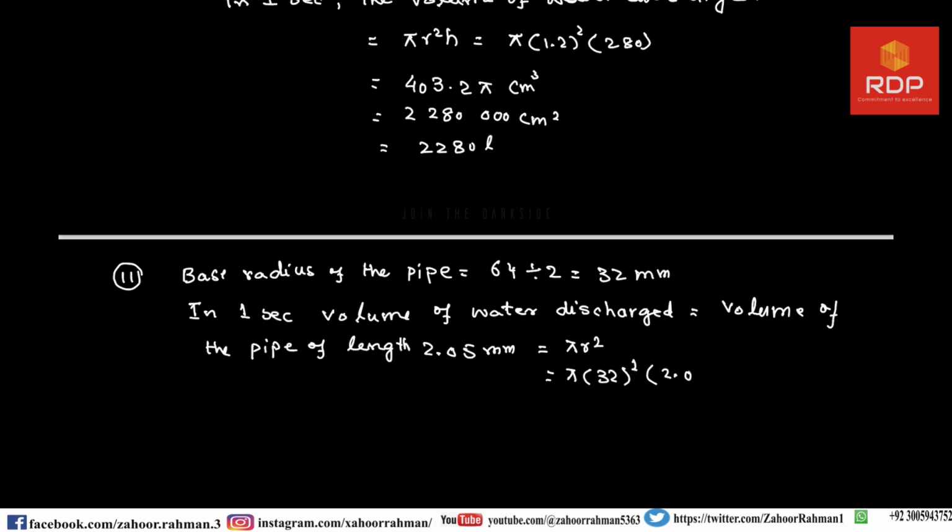So I am writing 2.05, and as a result we will get 2099.2 pi millimeter cube.